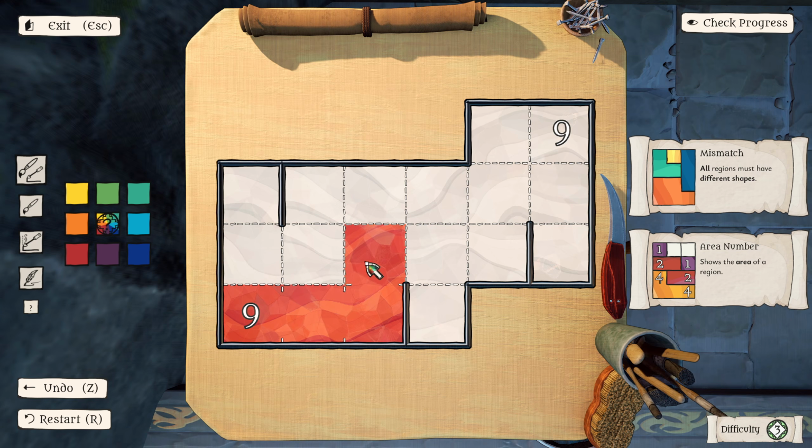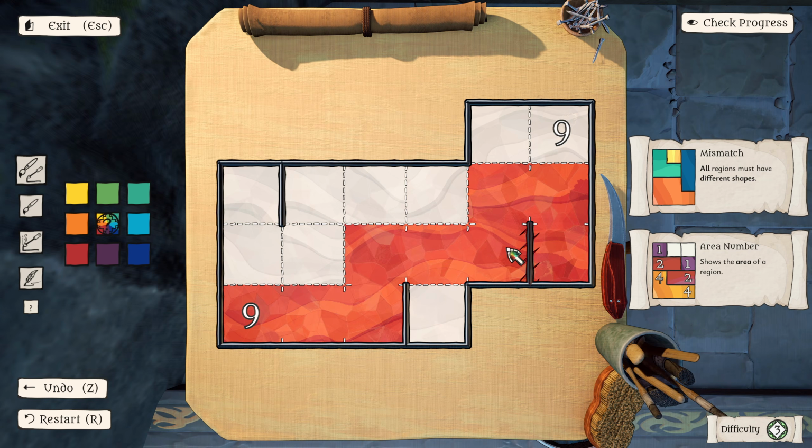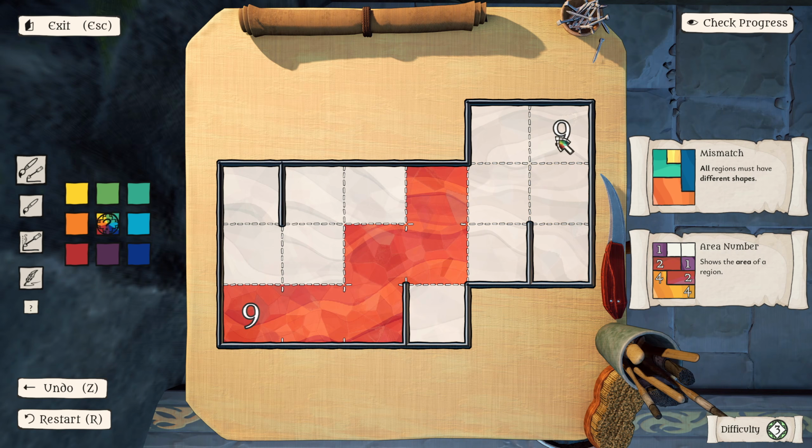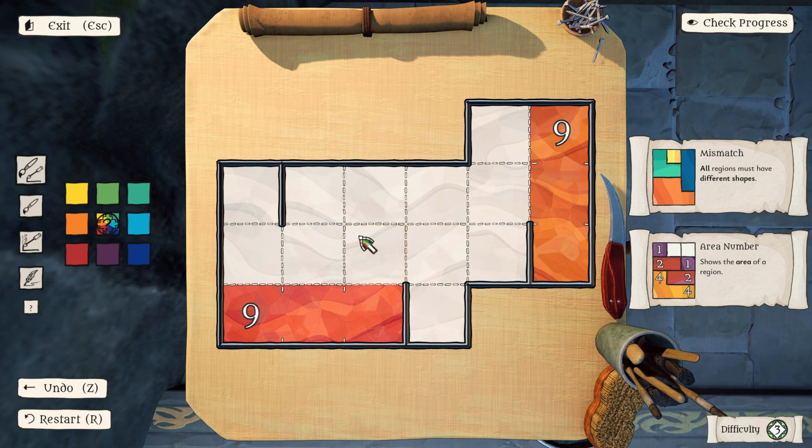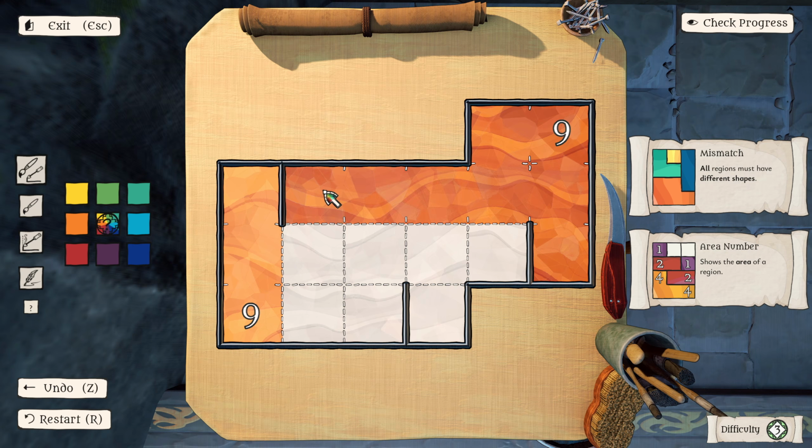This 9 can't do that because even if it did that, it blocks this in. So this 9 is taking at least those, and the same is going to be true up there. Now, this 9 therefore must take this tile.